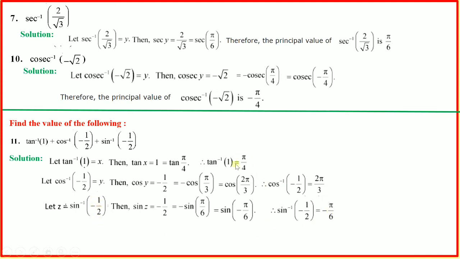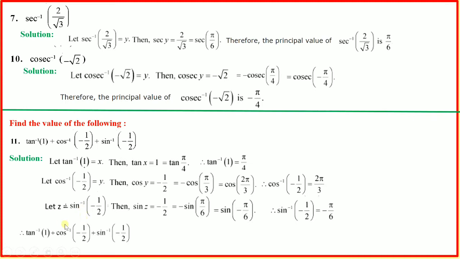Now pi by 4 is the value of tan inverse 1, cos inverse minus 1 by 2 has value 2 pi by 3, and z, which is sine inverse minus 1 by 2, has value minus pi by 6. So we will put these values in the given question and then solve it.